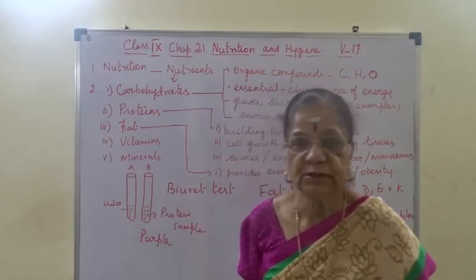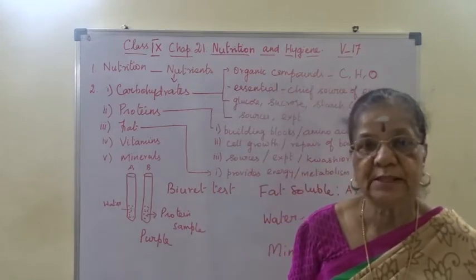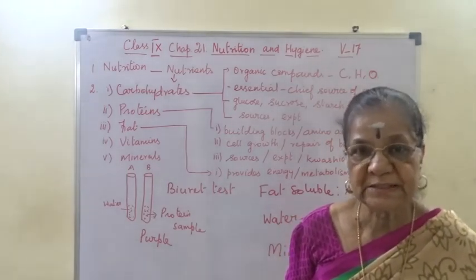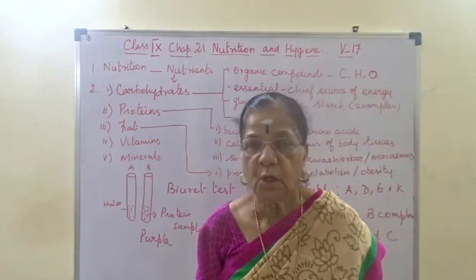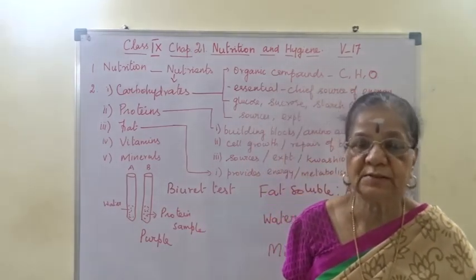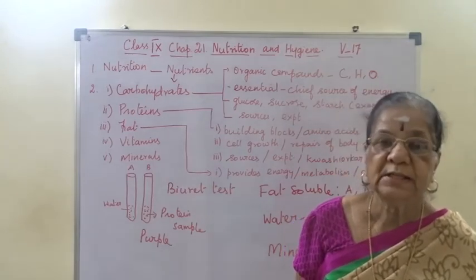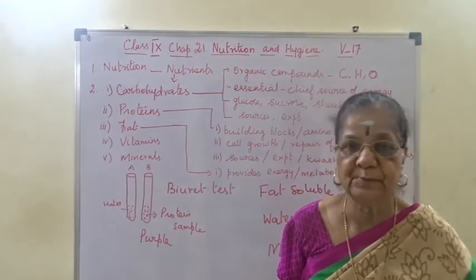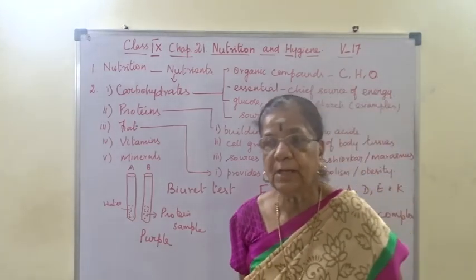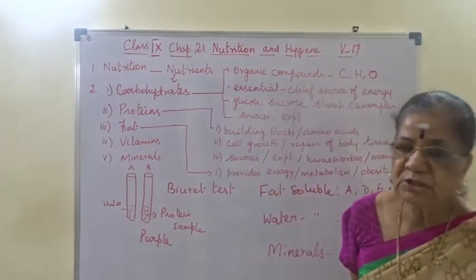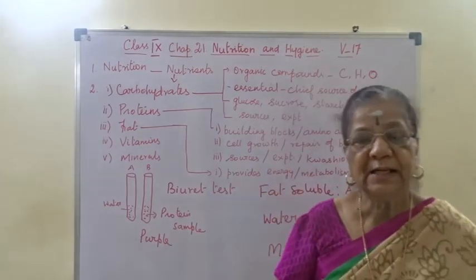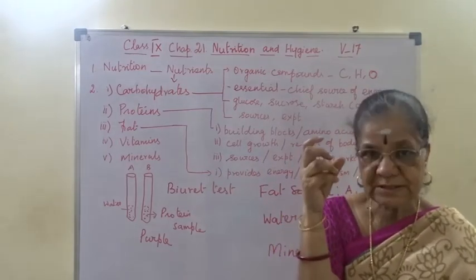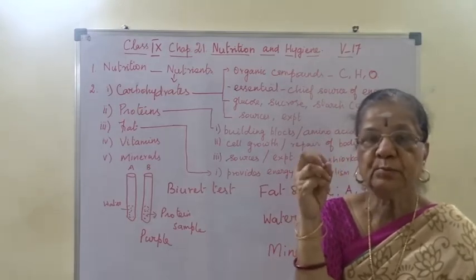To find out the presence of carbohydrate in a given food sample, you can take as food sample rice, or potato, or rice flour, or starch powder. Any one food sample. For example, take potato as a food sample. Add a drop of iodine solution. Iodine solution is a reagent available in the lab. If starch is present, it will turn blue black.